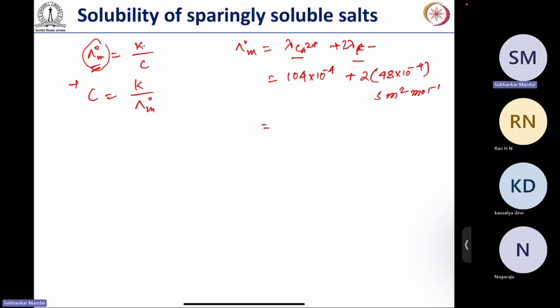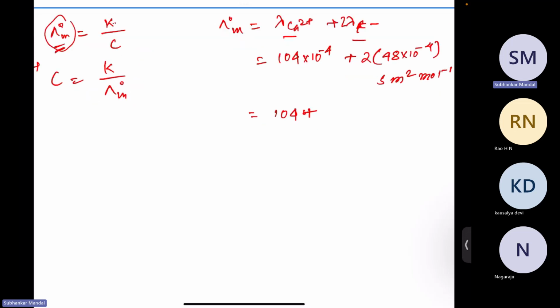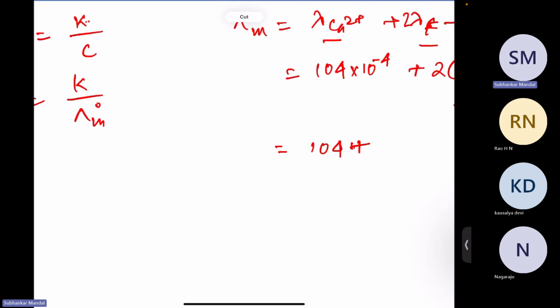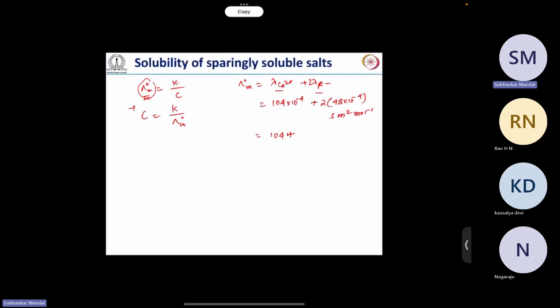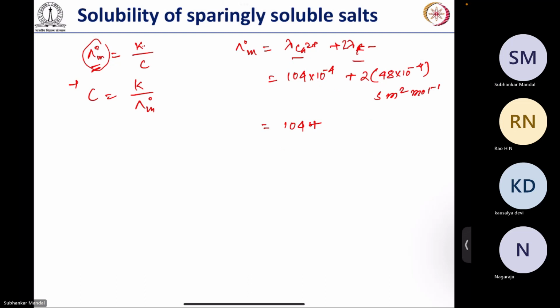How much will it be? Can anyone calculate? 104 plus 48 into 2. What will it be? It is 96, I think. It is 96 into 10 to the power minus 4 Siemens meter square mole inverse.